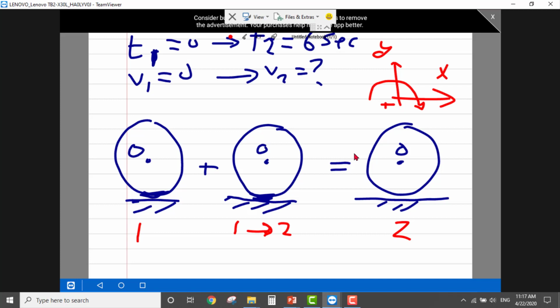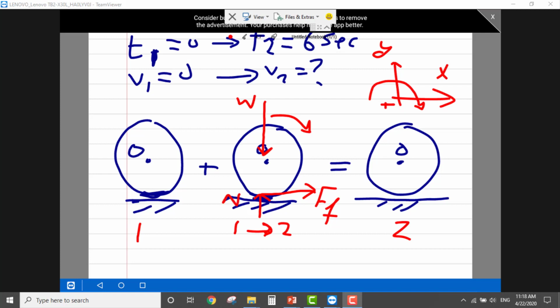In the process from 1 to 2, we have couple moment. Okay, we have its weight. Okay, we have friction force. Okay, and we have normal force.